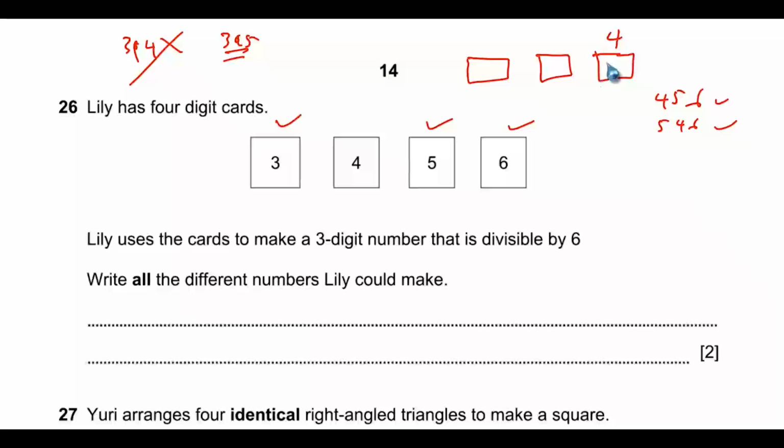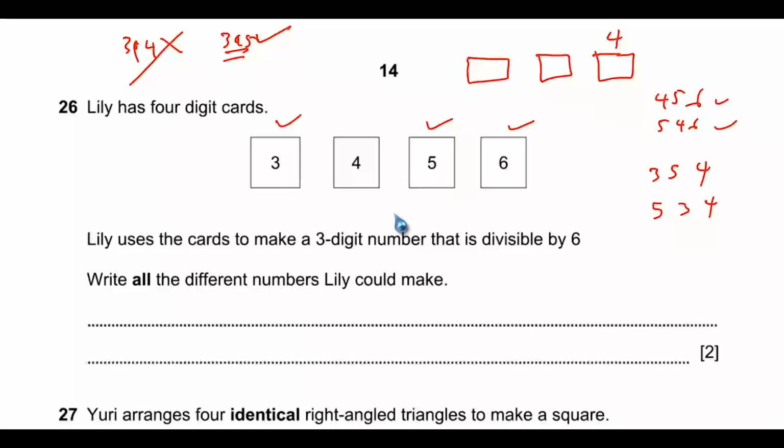Fine, so the sum of the digits will be divisible by 3. I have two options. I can start with 3, so that will be 3, 5, 4. Then the second option will be 5, 3, 4. So that is the combination of 3 and 5.